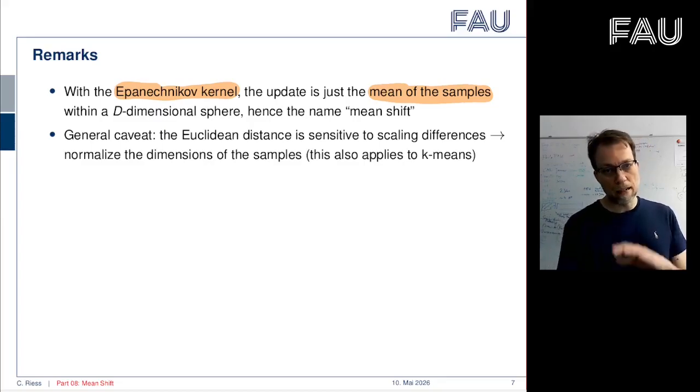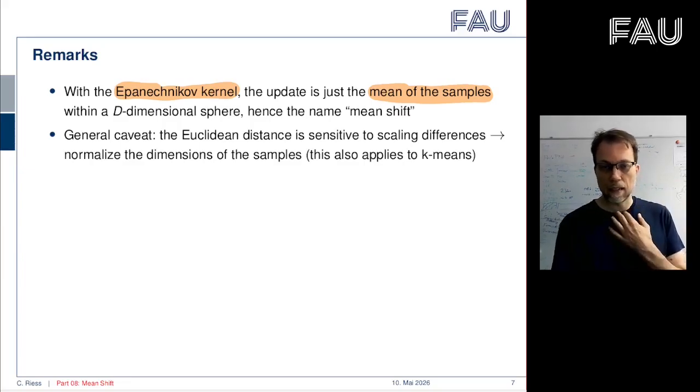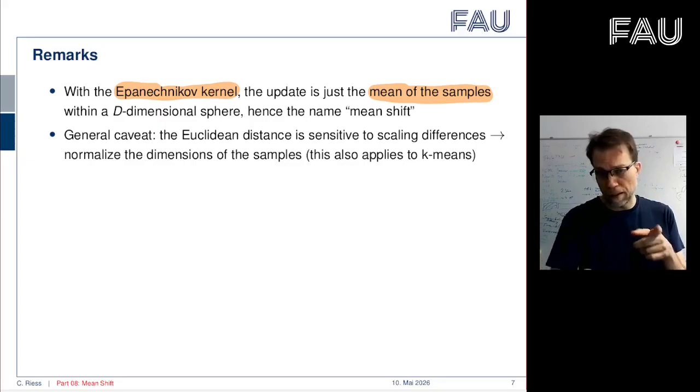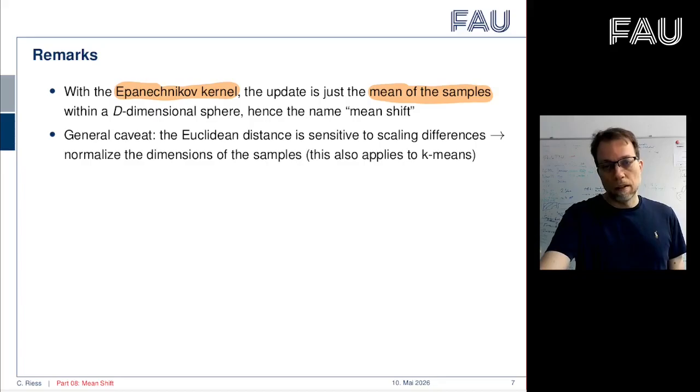And similarly, as we discussed for the k-means, the Euclidean distance is sensitive to scaling differences. So you need to normalize your input dimensions. Okay, we talked about this. If you have the feeling we should talk more about it, then please reach out during our meetings.